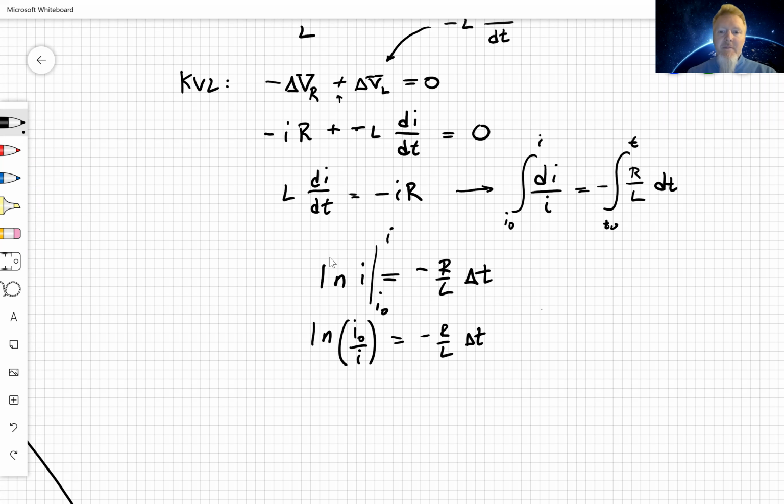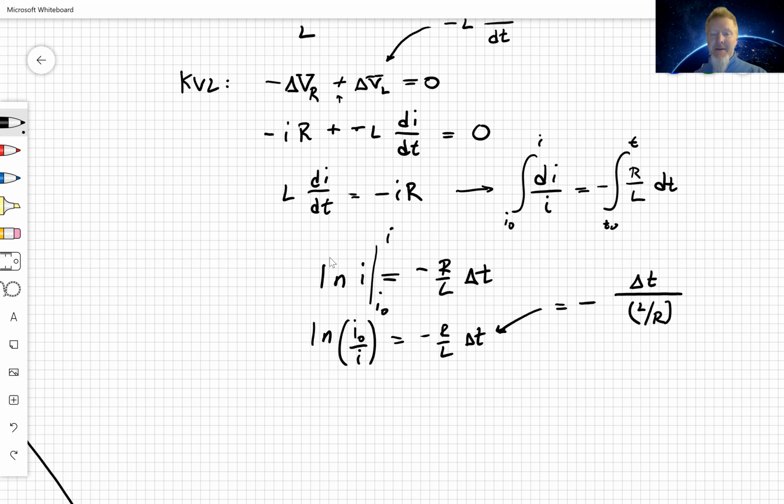And I want to point something interesting out on the right side, and that is that apparently, if I can rewrite this for a minute here, delta t divided by L over R. Right, like that. If I take the R over L and I flip it over and stick it in the denominator, you think, why the hell would you do that?